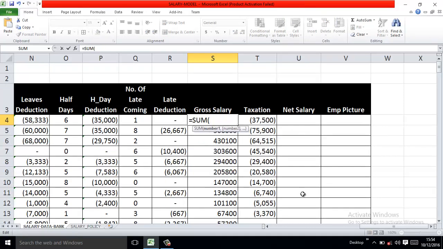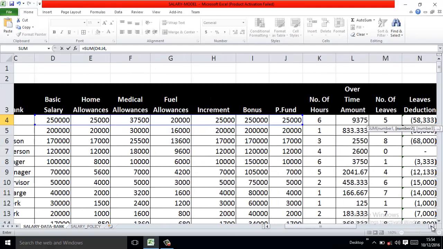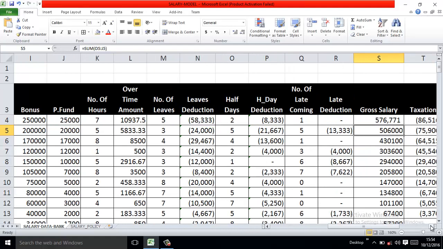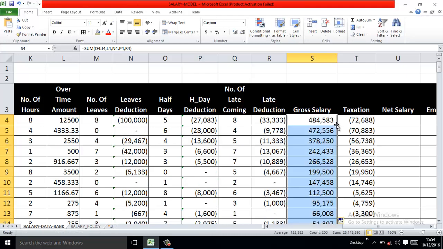So here we have from D4 till this, and then we are adding the range of this overtime, then we are adding this, then we are adding this, and then we are also adding this because all deductions are already in minus, so the result is this, right?